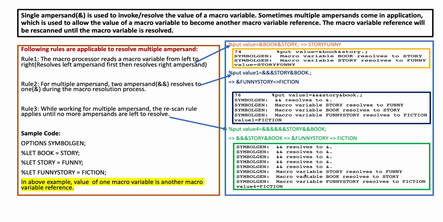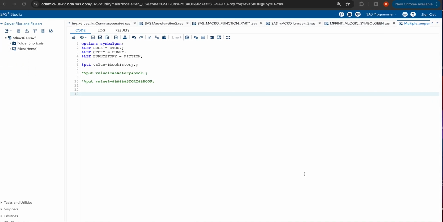If we run the same set of code with the SAS window, then we will obtain the same result. Let me run this code with the SAS window. We have the same code here, options symbolgen that will print in our log window all resolved macro variable values.